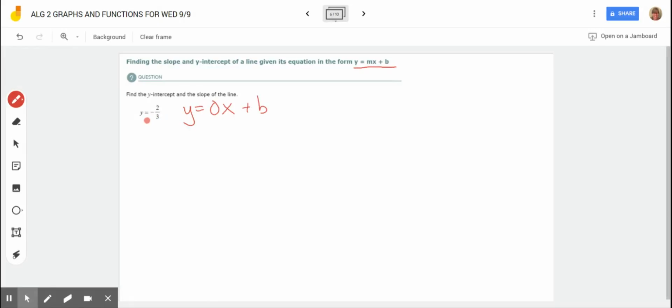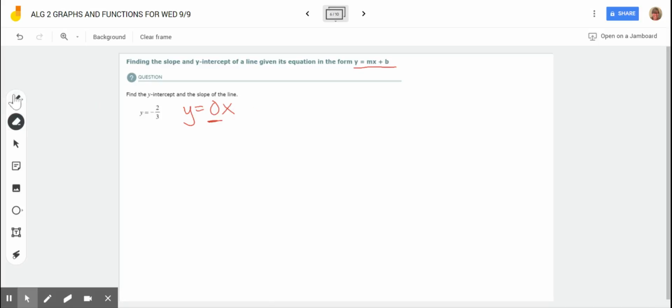So the slope here is 0. Whenever you have y is equal to -2/3, it's a horizontal line at -2/3. Here, what it says is find the y-intercept. The y-intercept in this case would be the -2/3, because that's the number that's left here.